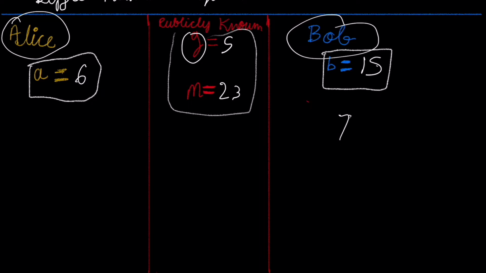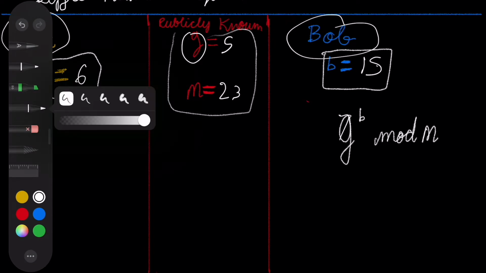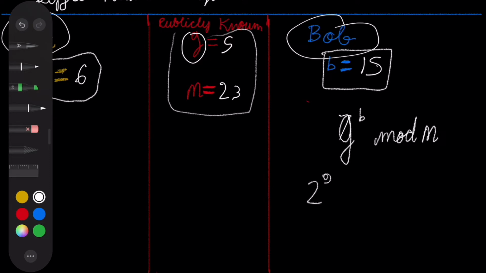What Bob does is he takes G raised to the power B mod N. And this is why I was saying G can be a little small, because if G was, let's say, 2, and B was 90, then 2 to the 90 is a really big number.